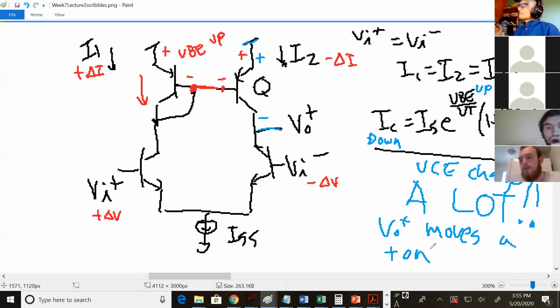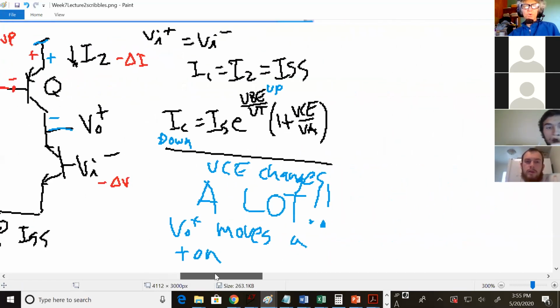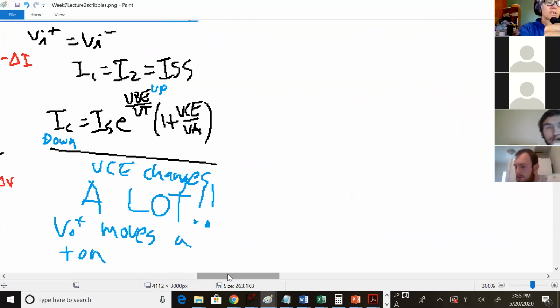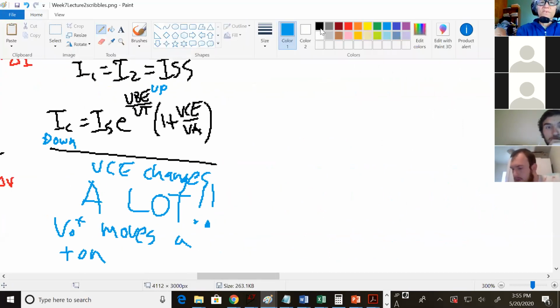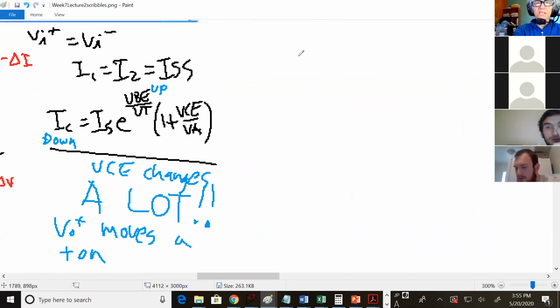So the other question that I asked, I think in lab, is right here I diode connected it. If instead of diode connecting it, I just put a DC voltage on it. Sorry if somebody's still writing, I'll go back in a second.